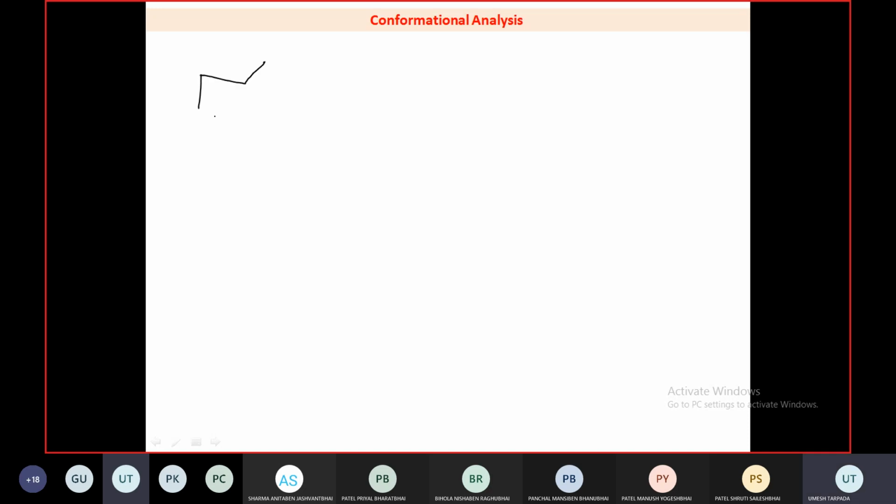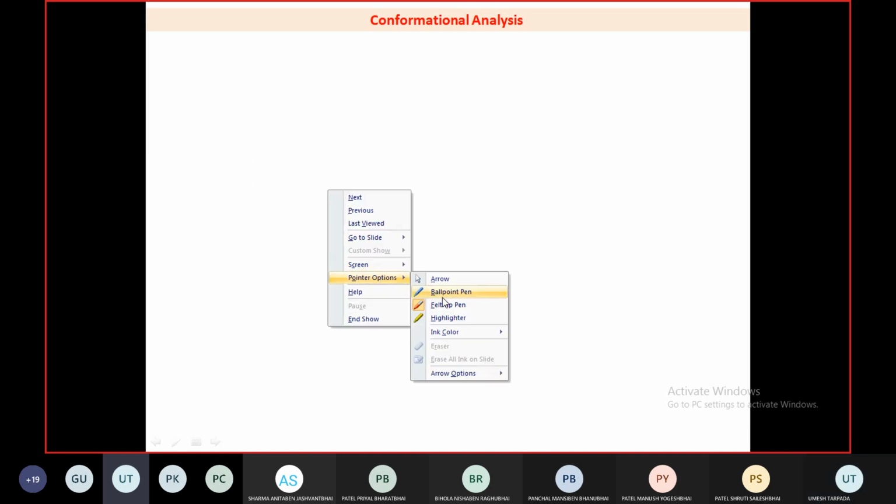If the groups are similar, suppose the two groups are the same, what can you do?